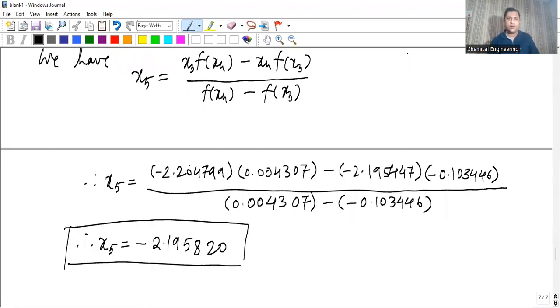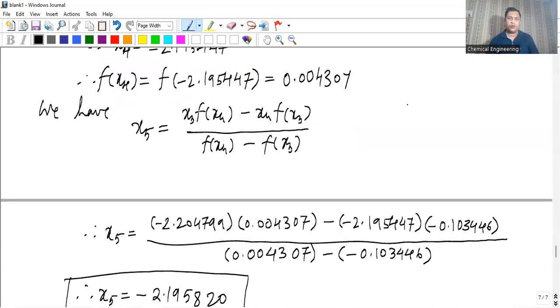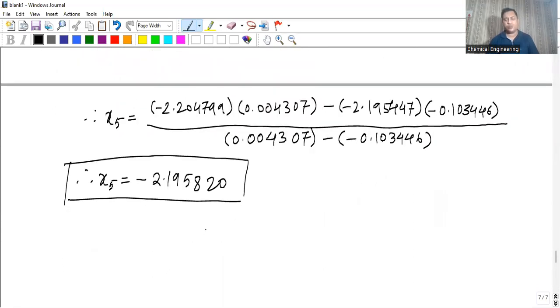So you can see the previous value. What was the previous value? Minus 2.1954. Here we are getting 58, so that means you have reached 10 raised to minus 3. If you go for one or two more iterations, you will reach 10 raised to minus 4.